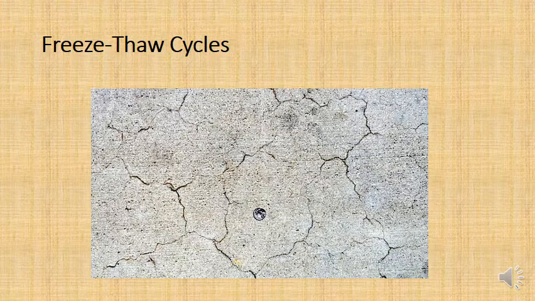Well, a lot of it probably has to do with freeze-thaw cracking, where there's freezing of water on the roof in the winter, and then it freezes at night, and then in the morning it melts, and then it freezes again, and that leads to a series of cracks forming in the roof.